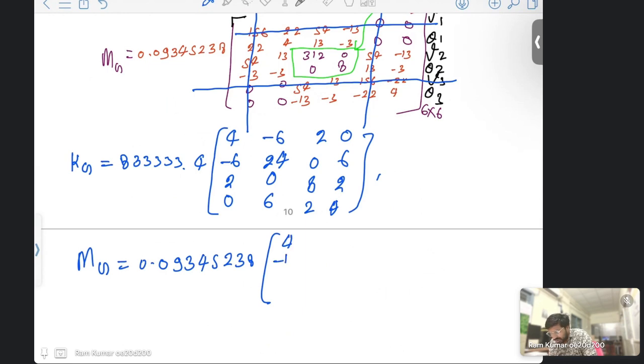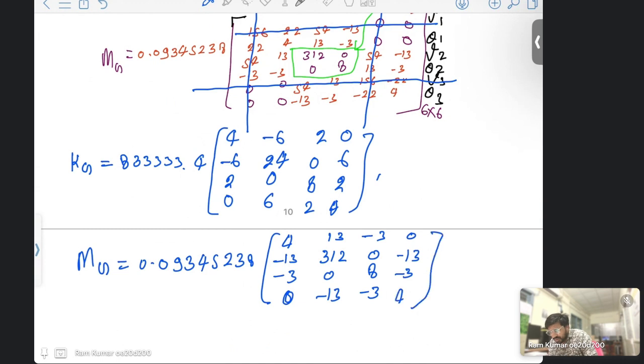You can also do it from your side. 0, 13, 3, 1, 2, 0, minus 13, minus 3, 0, 8, minus 3, 0, minus 13, minus 3, 4. So just verify once that it is correct. Please verify it is correct.